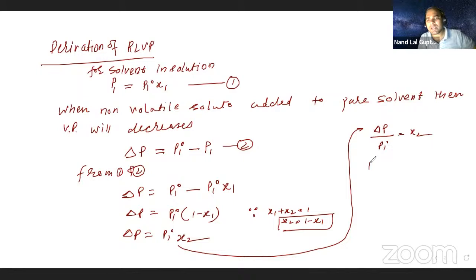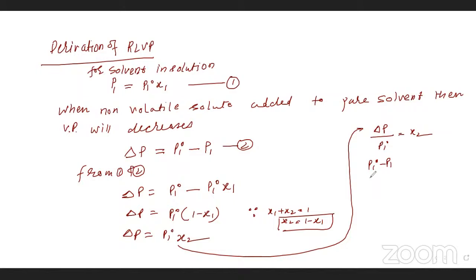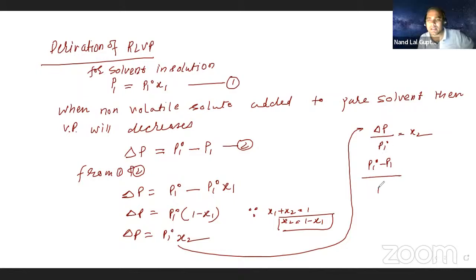So delta P is P1 naught minus P1. Pure solvent has more vapor pressure than the solution. Divided by P1 naught, it is equal to N2 upon N1 plus N2. Now in the denominator, N2 is very, very less than N1, so it can be neglected.